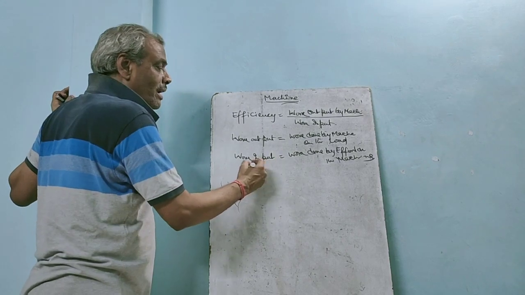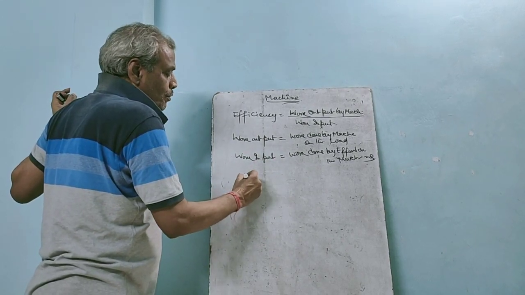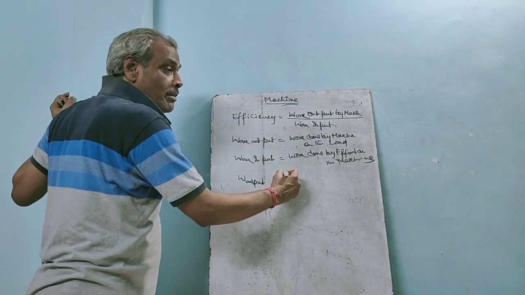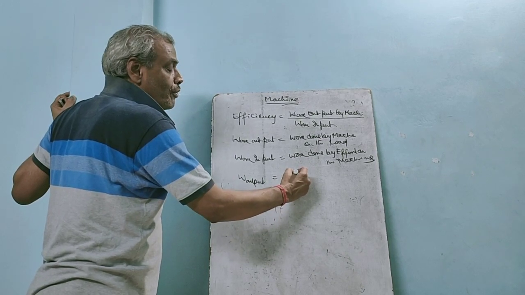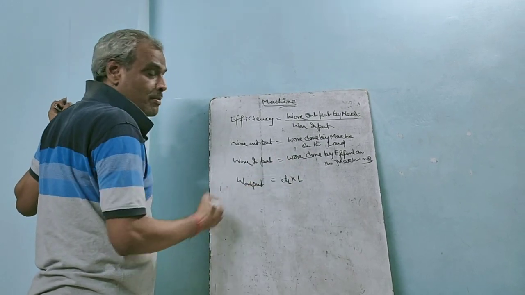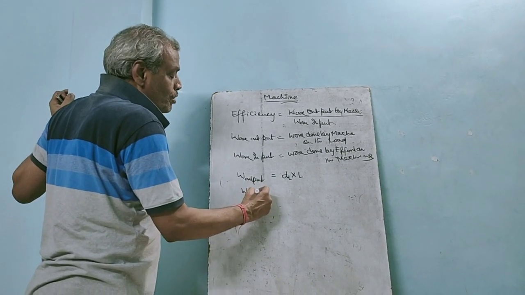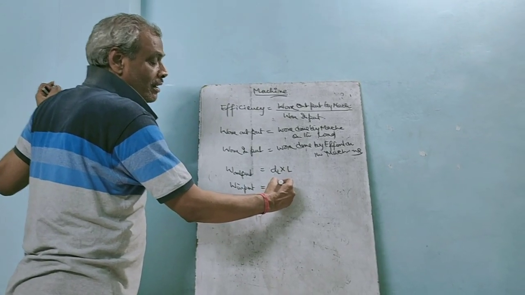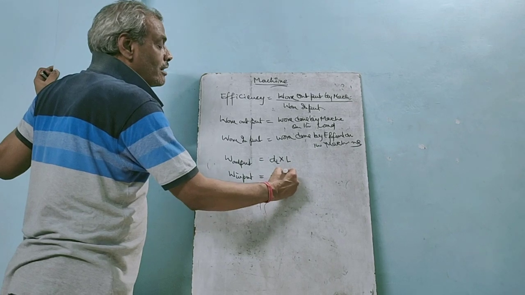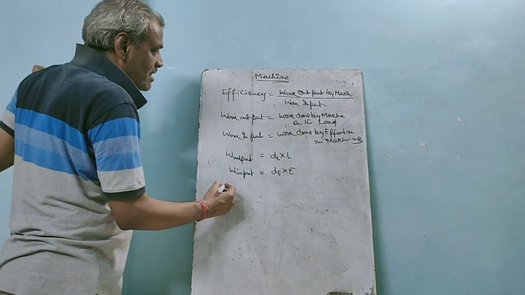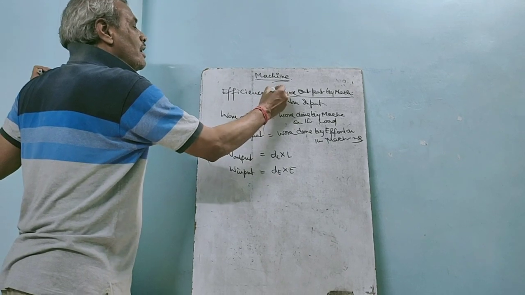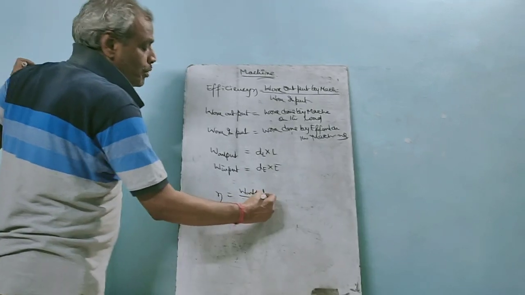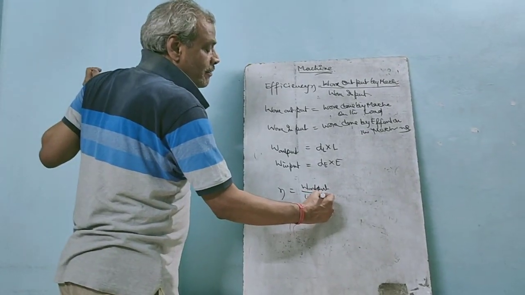Work output is the displacement of the load point into the load, since work equals displacement into force. And work input is the displacement of the effort point into the effort. So we write efficiency, eta, equals work output upon work input.